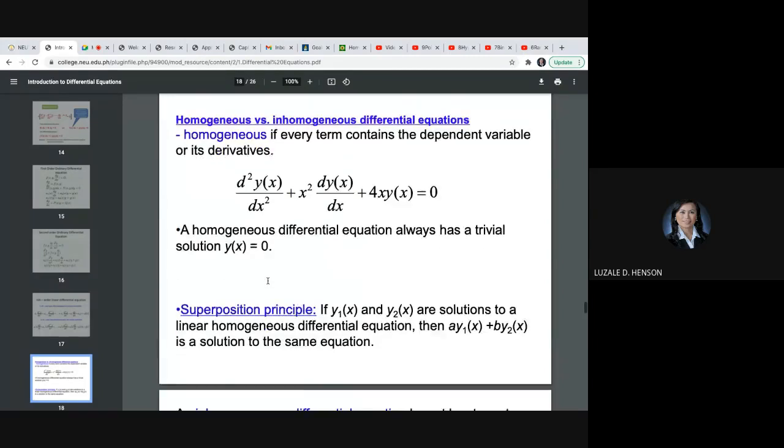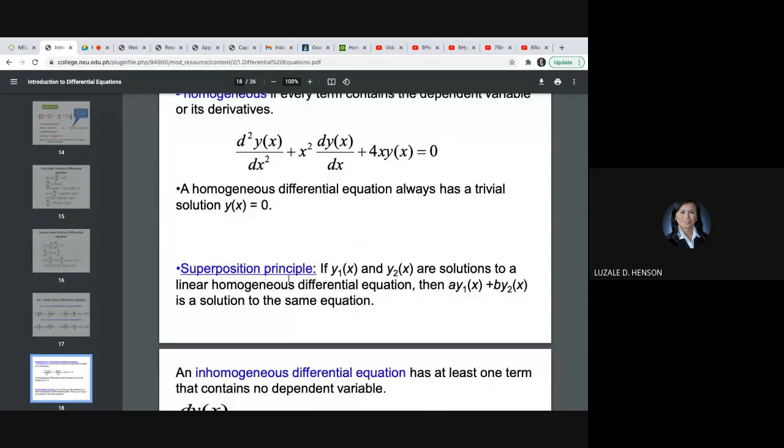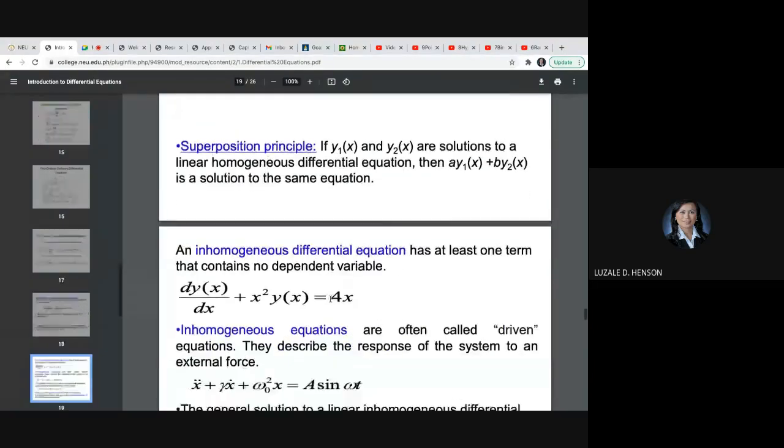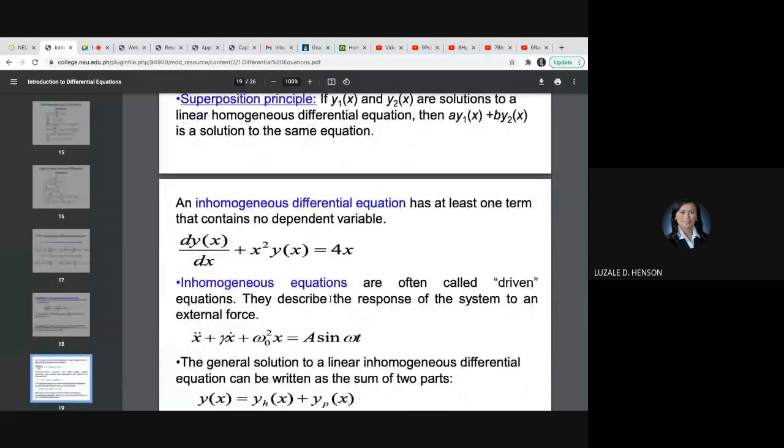So that's homogeneous. Now, superposition principle are solutions to a linear homogeneous differential equation. We will take up on this kasi ito yung tinatawag na meron tayong particular solution, meron tayong complementary solution. So, wag na muna nating expound ito. Dito lang tayo sa not homogeneous differential equation.